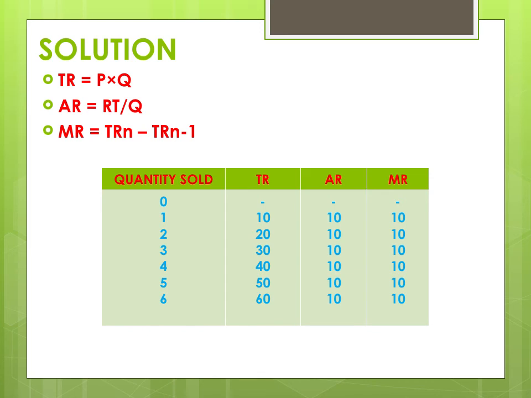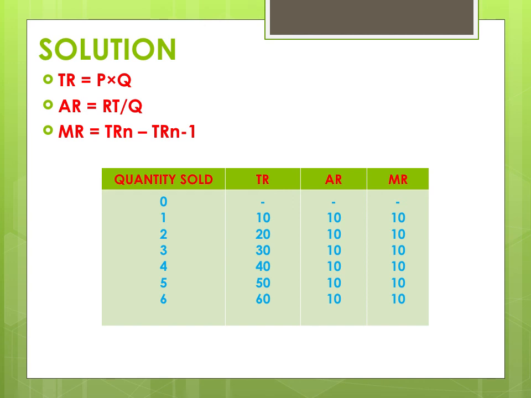So, according to the formula, look at the table and the calculations of the total revenue, average revenue and the marginal revenue according to the given formula. Total revenue for the quantity sold is nil for 0 quantity sold.